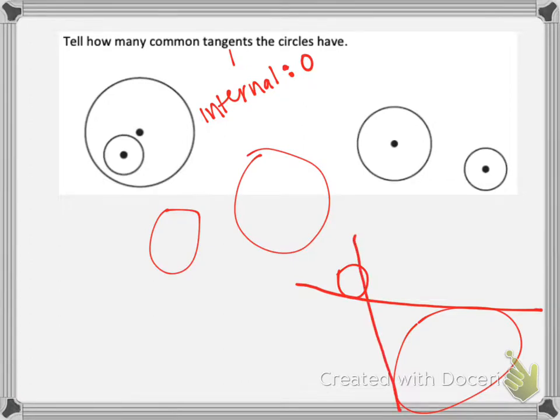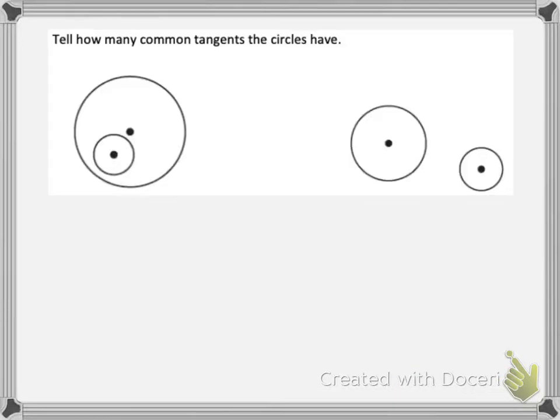But there are no internal tangents because there is no space between the circles. Here's why. I mean, obviously you would say, oh, there's space here. But a tangent only touches the circle once. If you made a line here, it touches this small circle once, but it touches this circle twice, which would mean it's not tangent, if that makes sense.